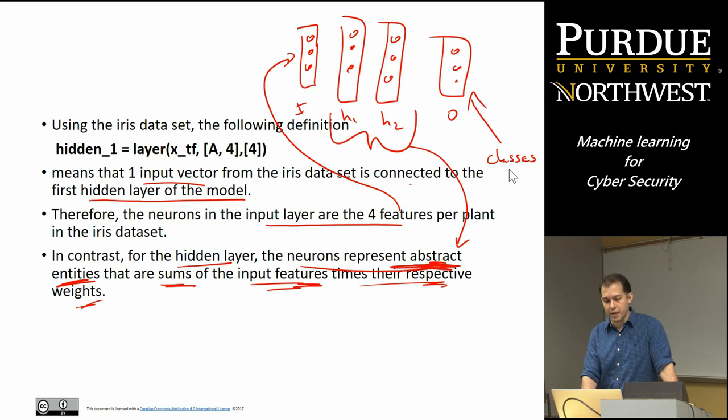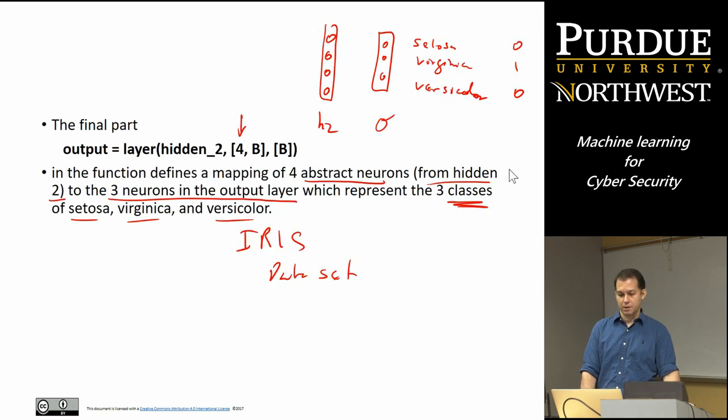In contrast, for the hidden layer, the neurons represent abstract entities that are the sums of the input features times their respective weights. So that's just a definition of this. The final part, the output layer, defines a mapping of 4 abstract neurons from hidden 2 to the 3 neurons in the output layer, which represent the 3 classes: Setosa, Virginica, and Versicolor.